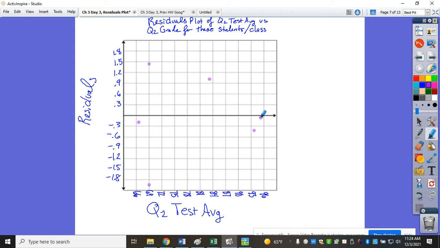So it should end up looking something like that. I already had it graphed. I just pretended my graph was right.